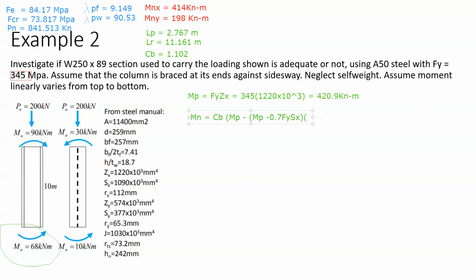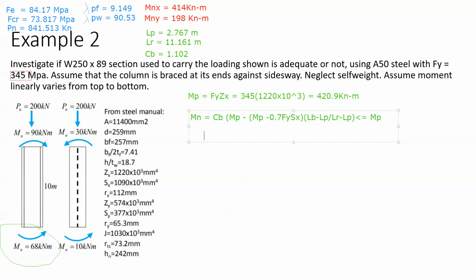Times LB minus LP over LR minus LP. And that should be less than or equal to MP natin.